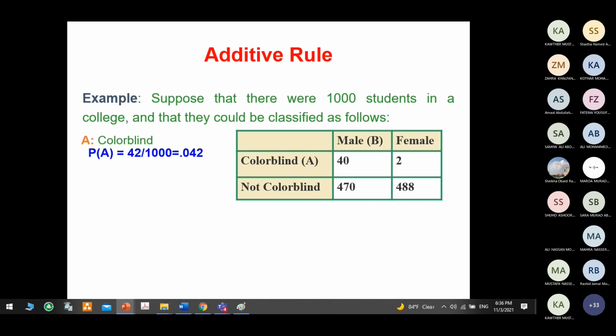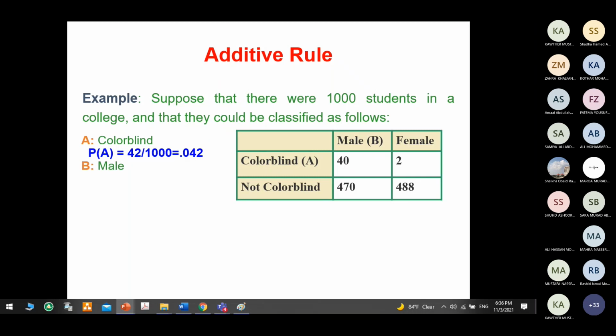Now, when we talk about colorblind, it's the probability to happen. In these 1,000 students, there are 42 students, right? 40 plus 2, the first row, divided by 1,000, means 0.042. This tells me that event A, its probability to happen is 0.042.